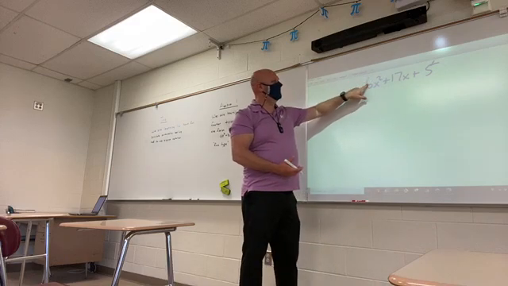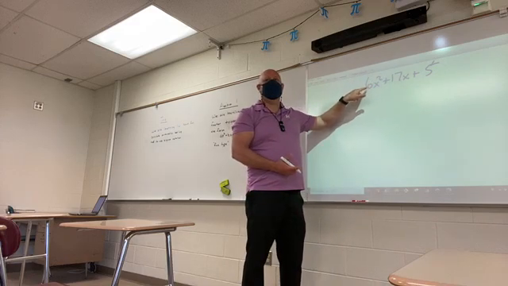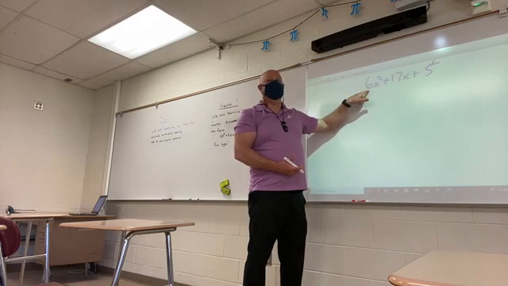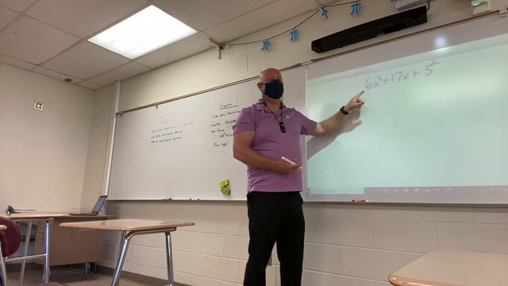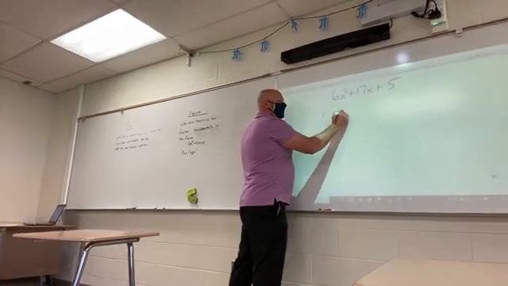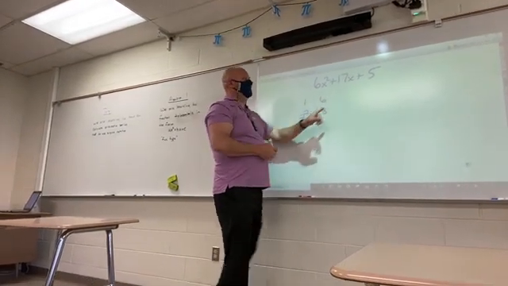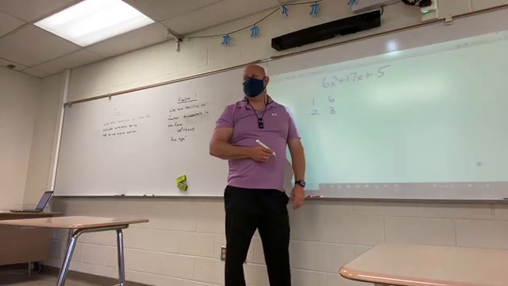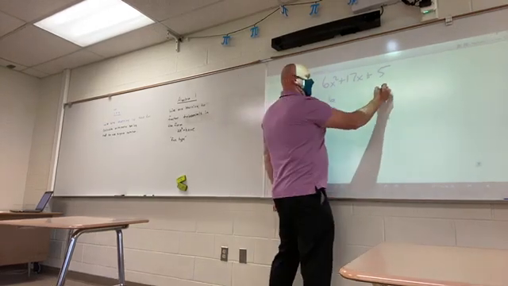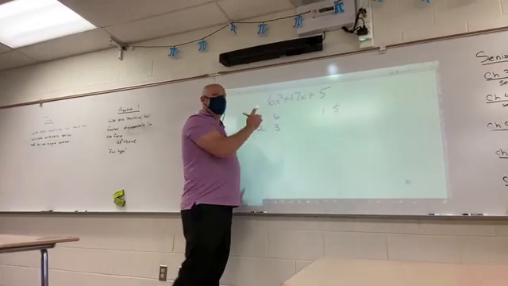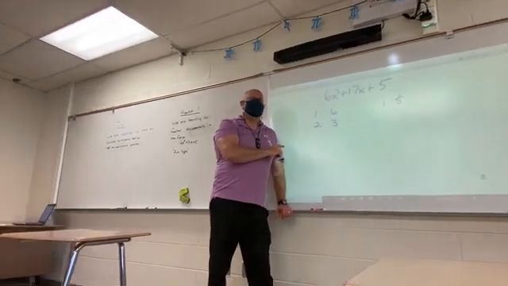So the next step is list. What are all the different combinations that multiply together to get a 6? 1 and 6, 2 and 3, right? What are all the different combinations to get to a 5? 1 and 5. Now again, one of the two lists, it does not matter which one.